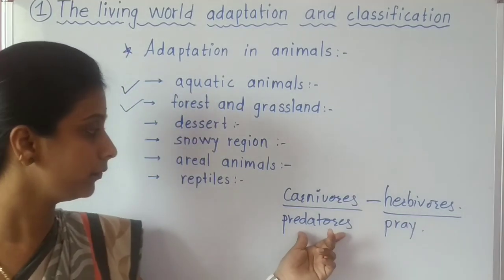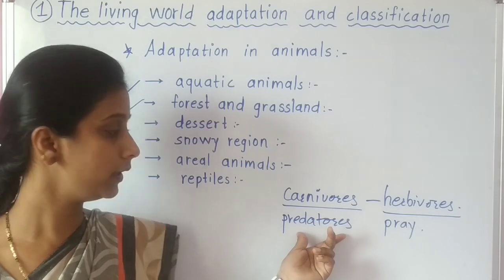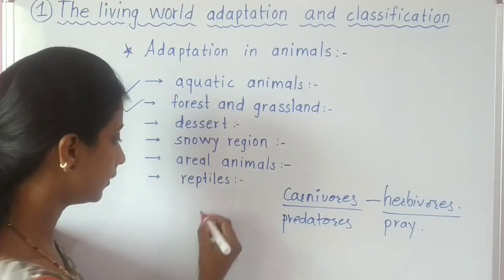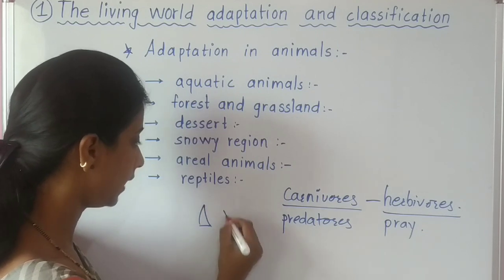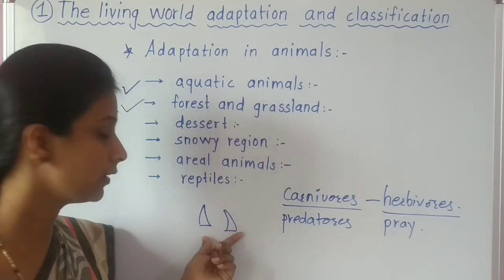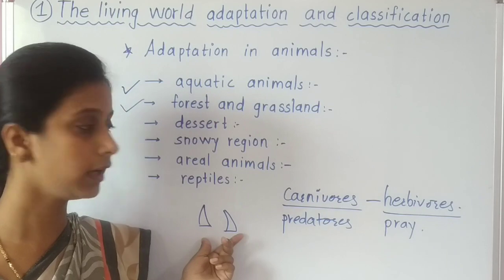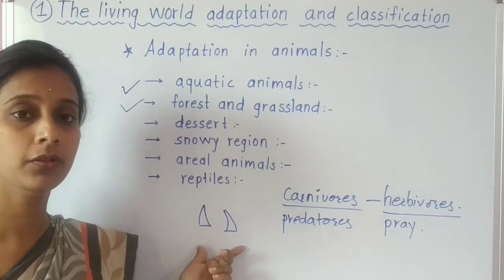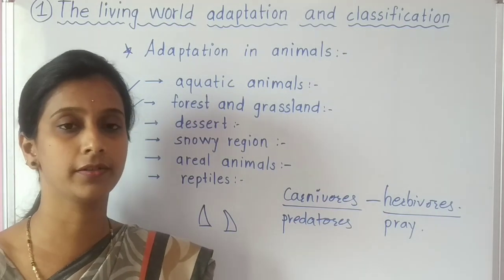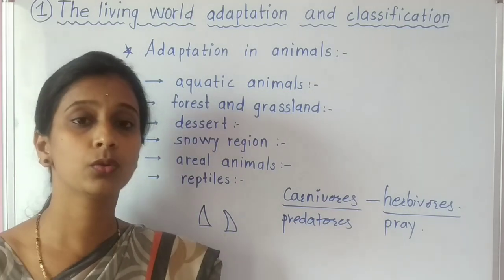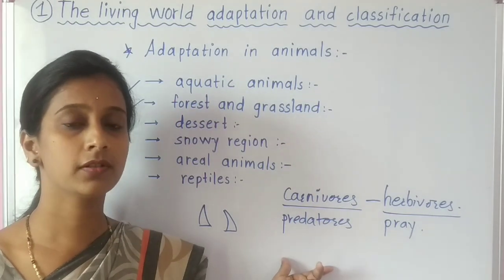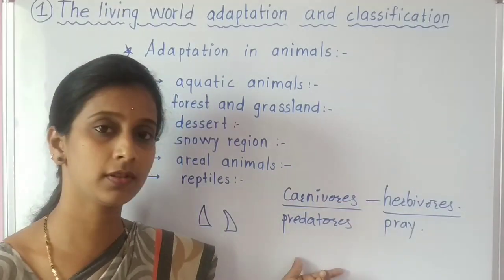So that is one adaptation that took place in the predators. They have strong legs. Then they have canines. What are canines? This type of teeth that carnivorous animals have. They have canines to catch their prey, to cut their prey. Okay, so this type of adaptation takes place in the carnivorous animals.